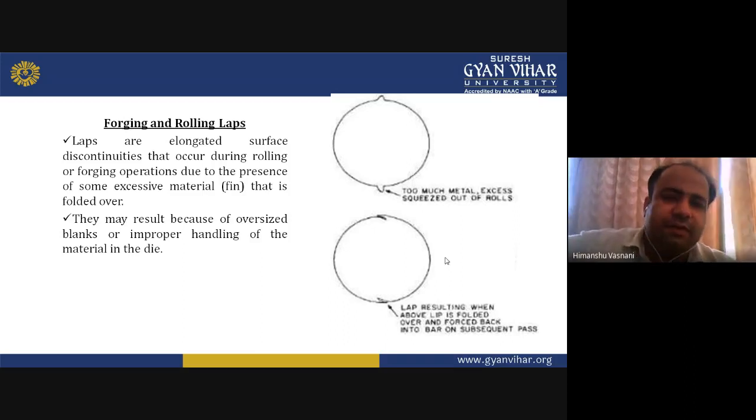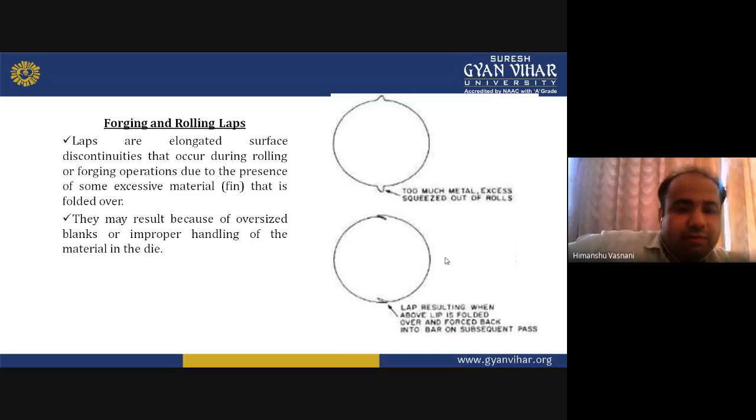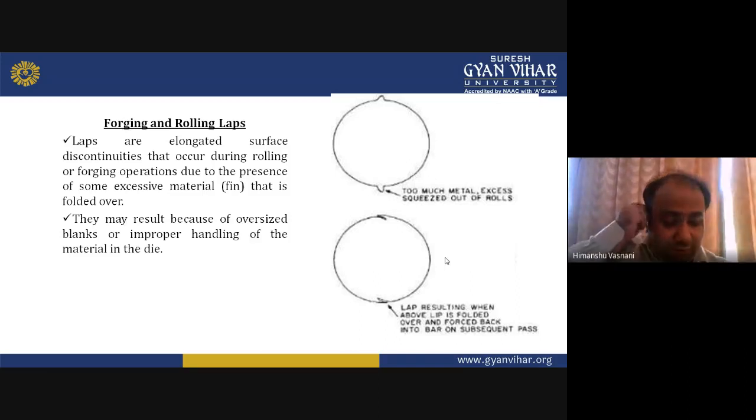What happens is that if there is some excess of material, then it is shown as a fin. Somehow a kind of extra folding is there on the material or on the workpiece. This problem may occur if you have oversized blanks.